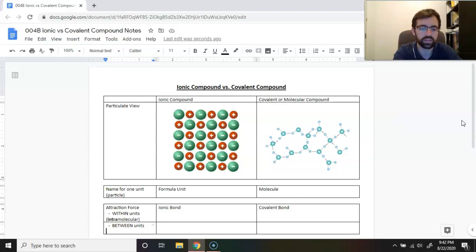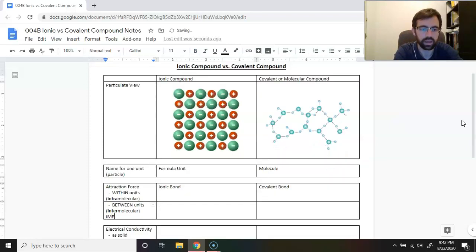What about between the units? This we call intermolecular forces, or we can call them IMFs. In an ionic compound, we call that electrostatic attraction.